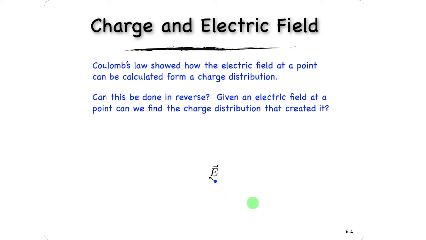Could there be a positive charge down here producing it? Yeah? Because that would produce a radially outward electric field. Could there be a negative charge over here that produces that exact same electric field? There could. So just knowing the electric field at a point does not allow you to figure out what charges produced it.